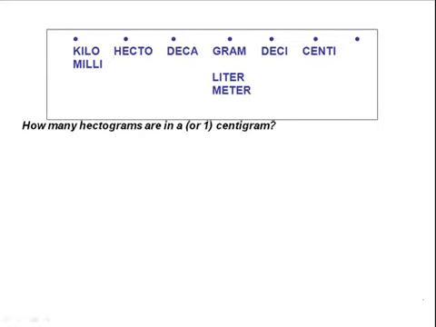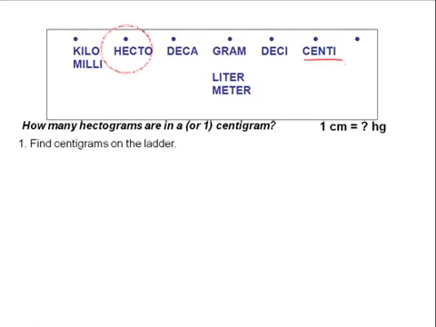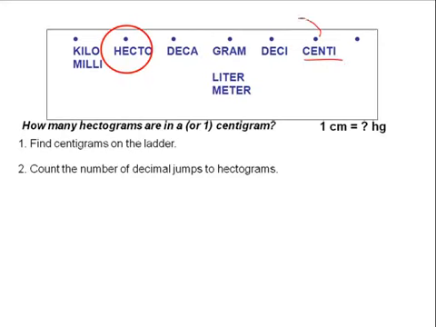So how about this for a try? How many hectograms are in 1 centigram? First of all, you define centigrams, which is here. You also need to find the decimal places to hectograms. Okay? So 1, 2, 3, 4.